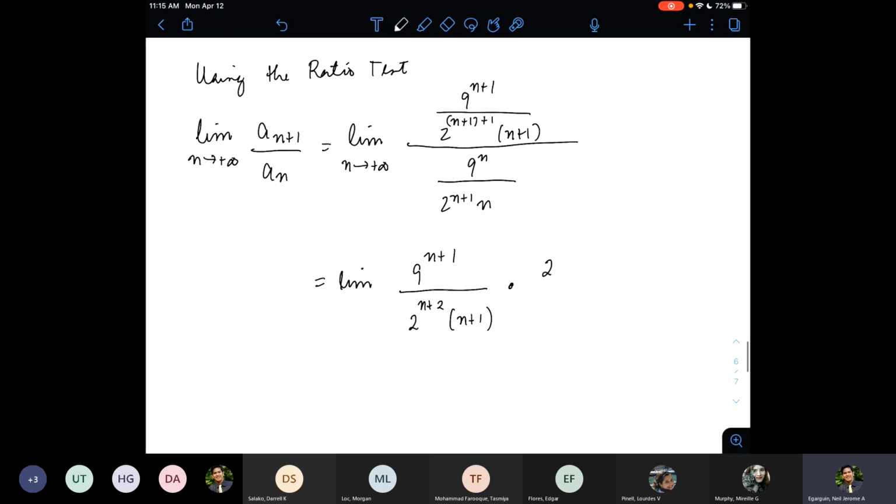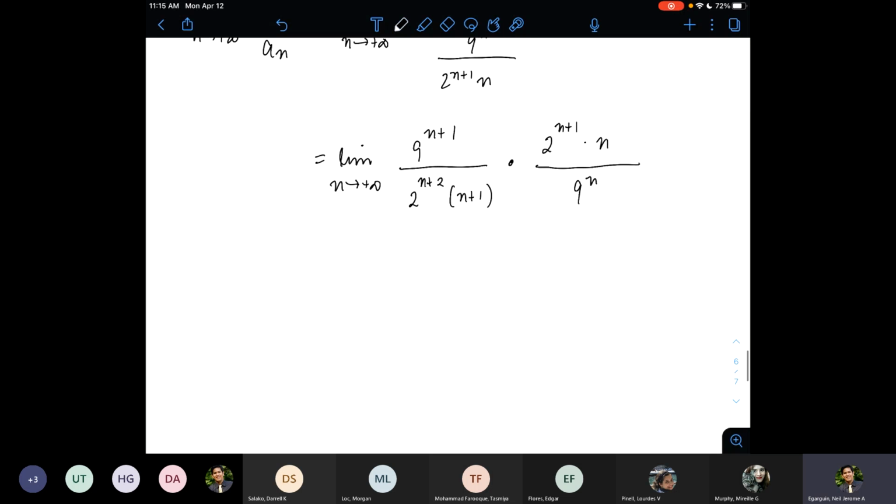So we'll have 2 to the n plus 1 times n all over 9 to the n, as n approaches infinity, right?